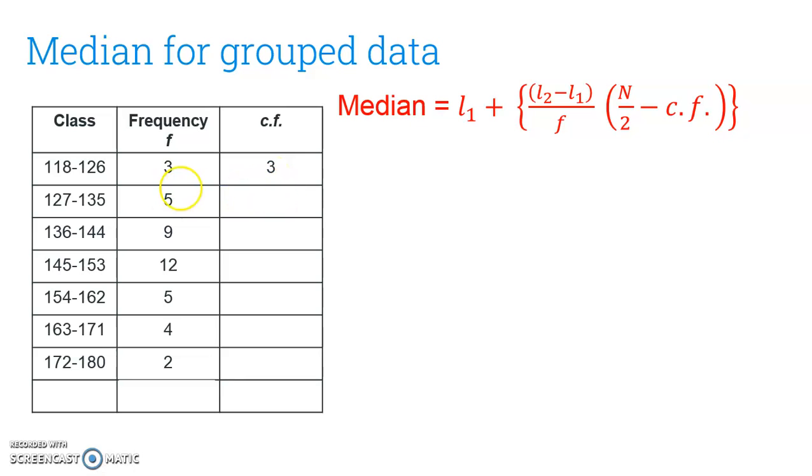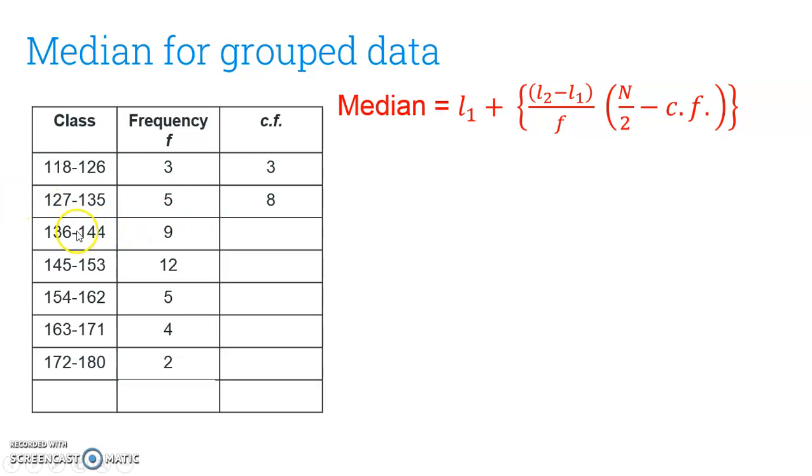For calculating the cumulative frequency for the second term, we consider from the beginning point to the end point, that is 118 to 135. So we add 3 plus 5, and that is the cumulative frequency up to this interval.